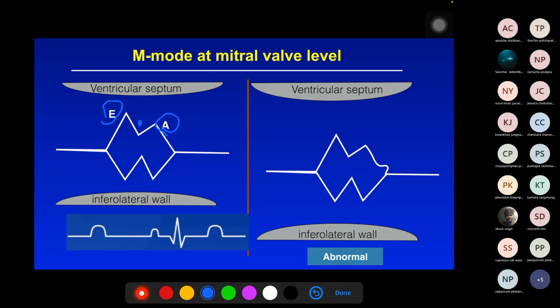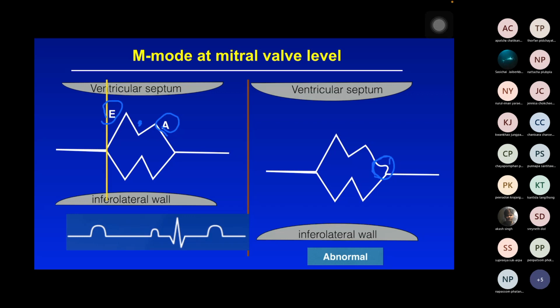But in a patient who has diastolic dysfunction or high LA pressure, you might see this one. This is called the B bump.